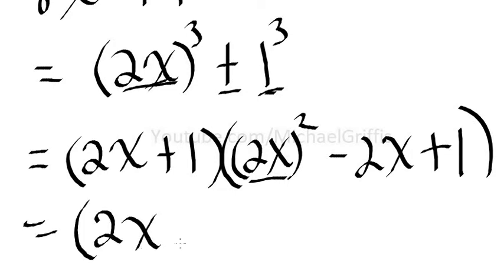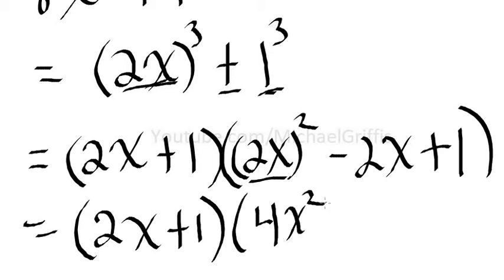So 2x plus 1 times 4x squared minus 2x plus 1.